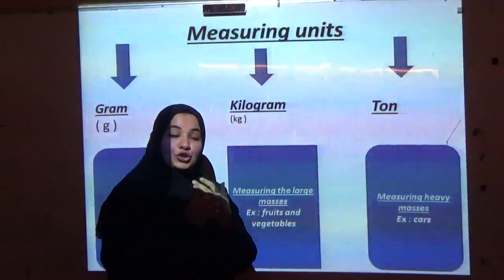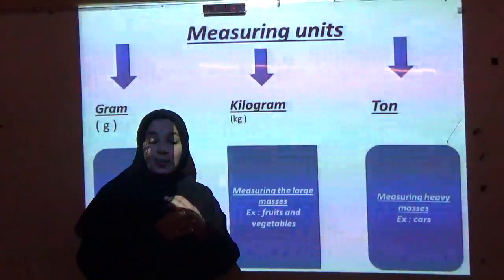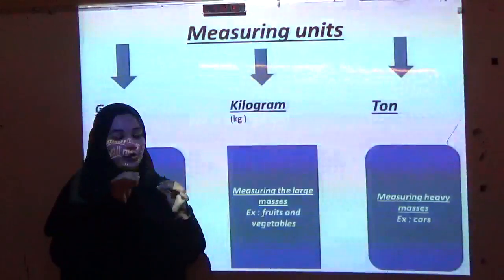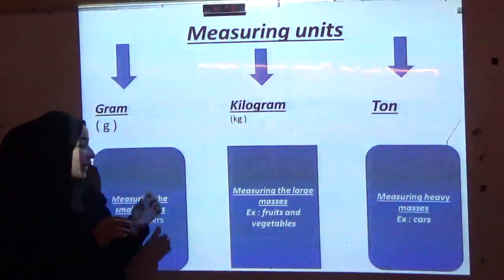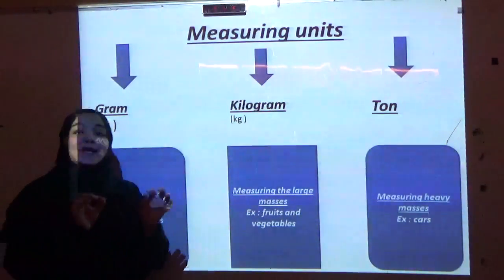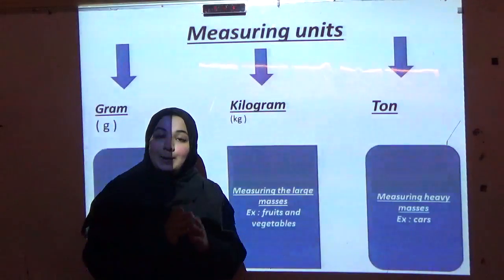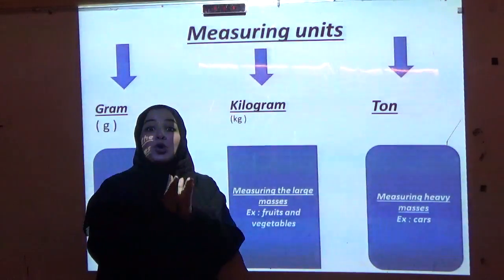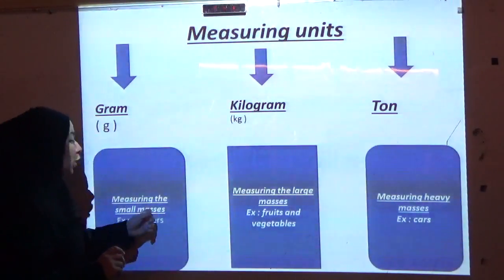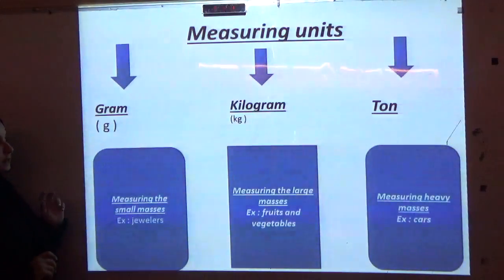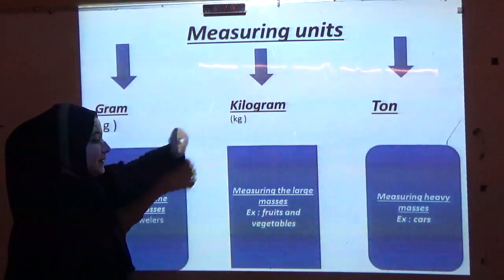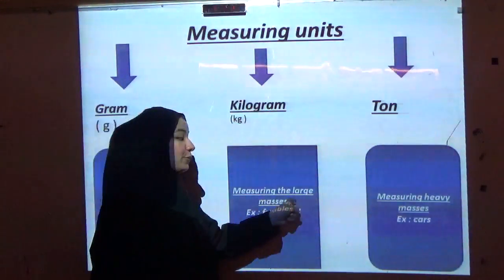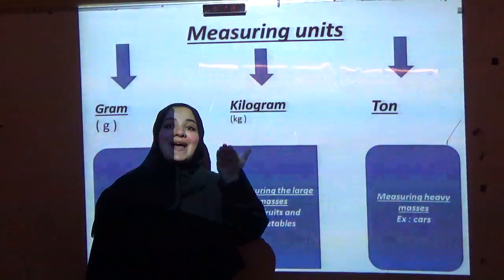For example, jewelries. When I go to buy jewelry, they say, for example, it's 0.5 gram, it's 1 gram. So gram is used for measuring small objects, small masses. And kilograms are used for measuring the large masses.